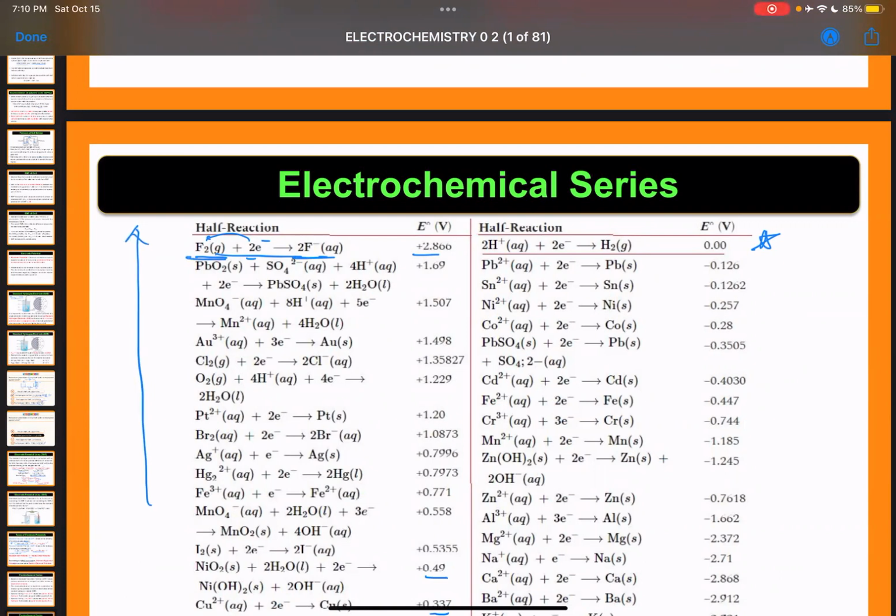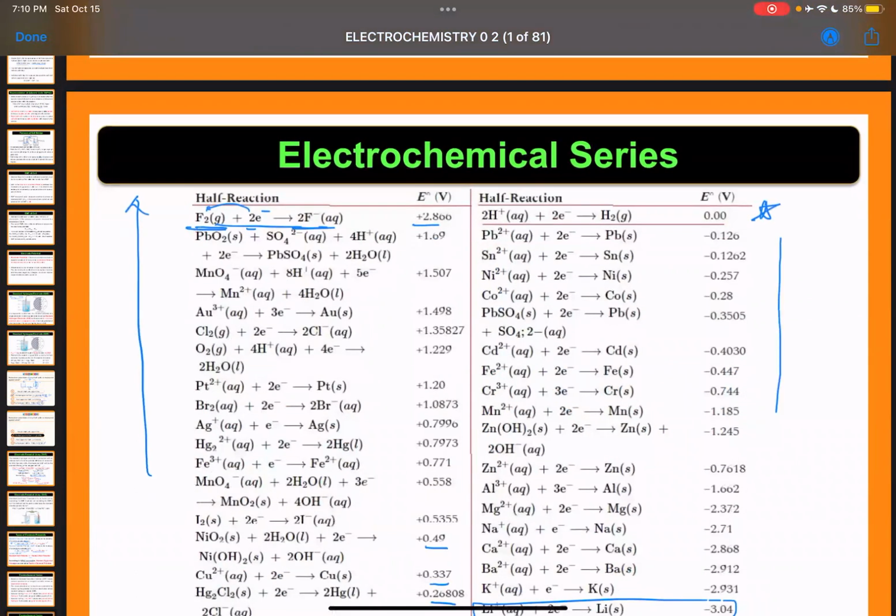And the elements which are below hydrogen will have negative standard reduction potential values. It means they don't want to accept electrons, or their electron accepting tendency is low. And if their electron accepting tendency is less, what does it mean? It means that their neutral element can lose electrons more easily.